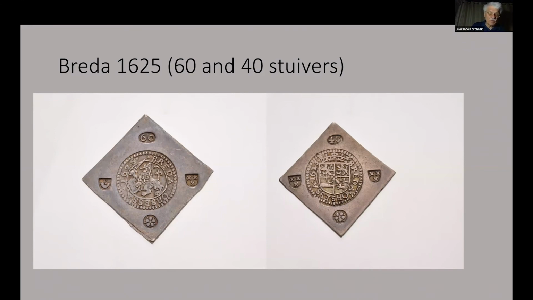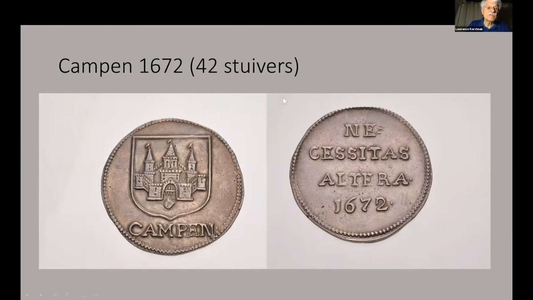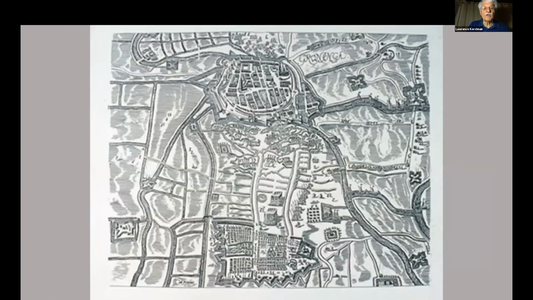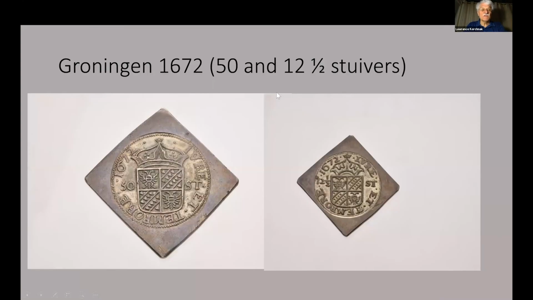There was still turmoil throughout the remainder of the 16th and 17th century. And the 80 Years' War, not as intense, but then you had other places that were besieged. Kampen in 1672. Groningen, this is a picture of Groningen, and I show the map that's in Hanno Weiler's book on Groningen, Münster, Kulm. But you see those particular coins. You have coins that were struck, the 50, the 25, the 12 and a half, and the 6 1/4.